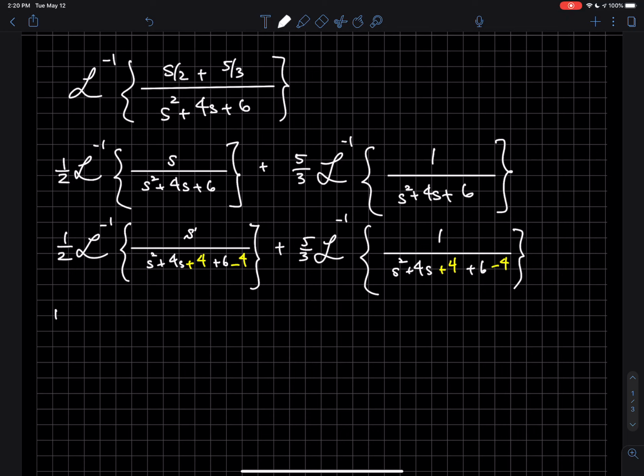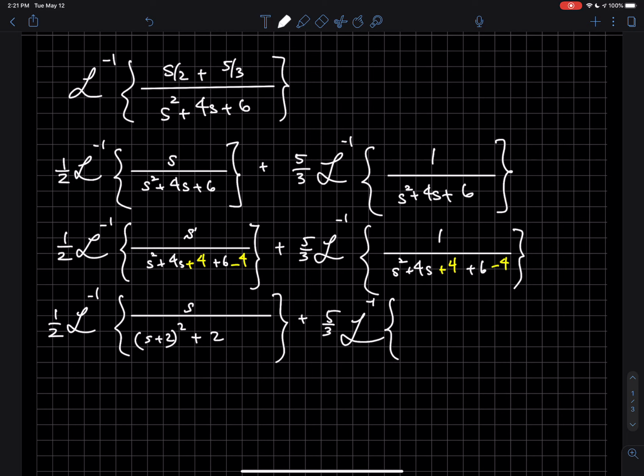Alright, so this becomes 1/2 Laplace inverse of s over (s plus 2) squared plus 2, plus 5/3 Laplace inverse of 1 over (s plus 2) squared plus 2. And again, you notice the same thing is happening as in the previous exercise.